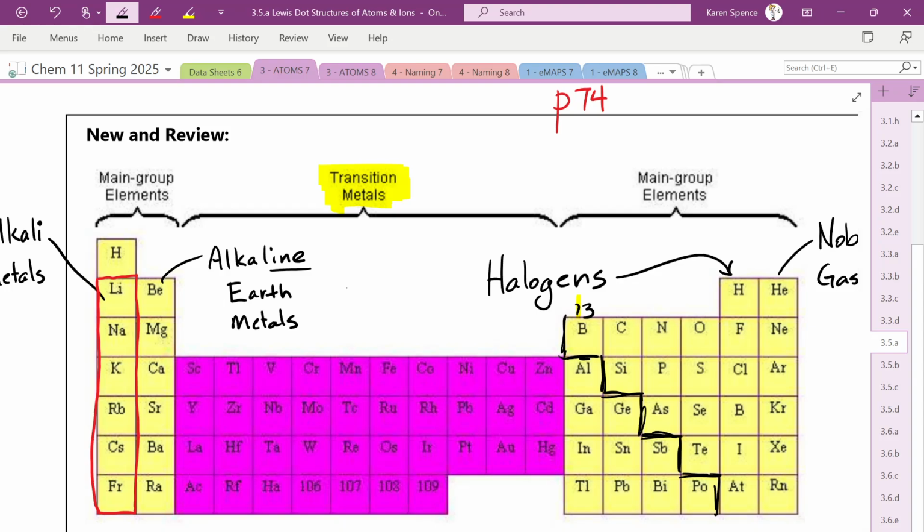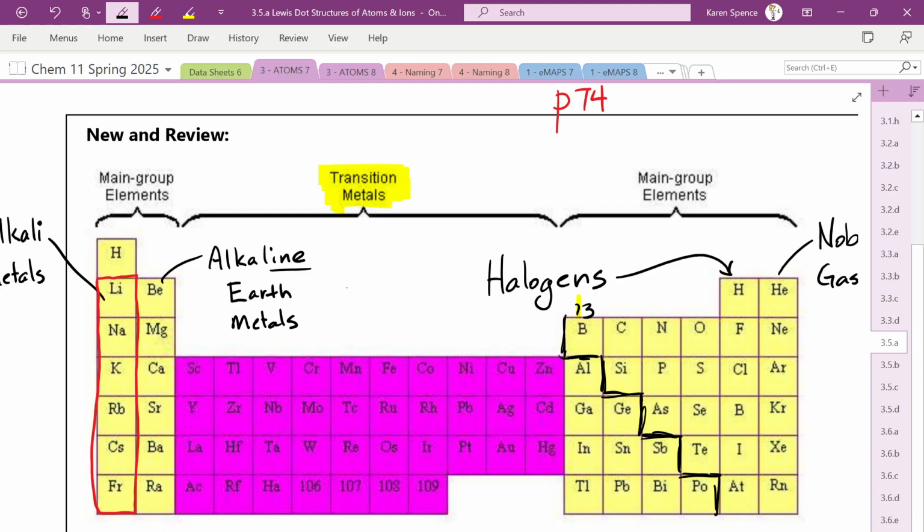They are called the main group elements because they are mainly the ones that do things predictably. The main group elements are all the elements that we can predict exactly how they will bond. And for the main group elements, we can also draw a Lewis structure. So main group elements, Lewis structure, yes.